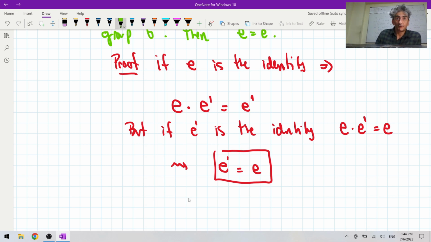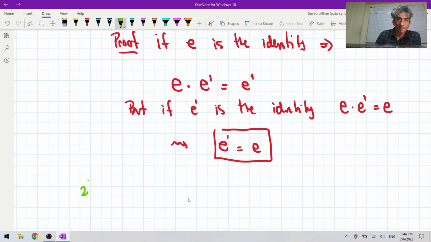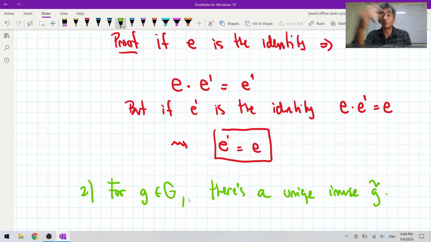Secondly, for G in the group, there's a unique inverse G tilde. That is, if two elements act as the inverse of G, then they're the same.